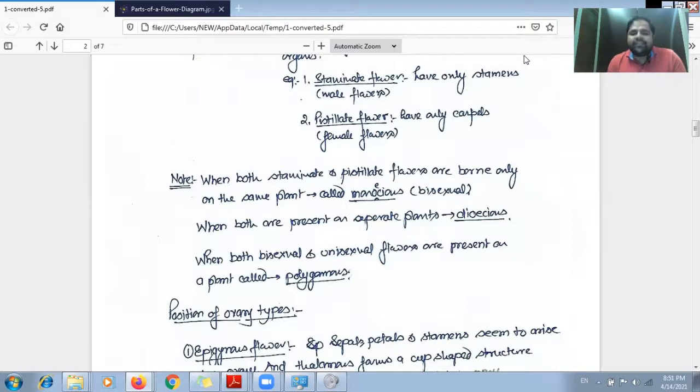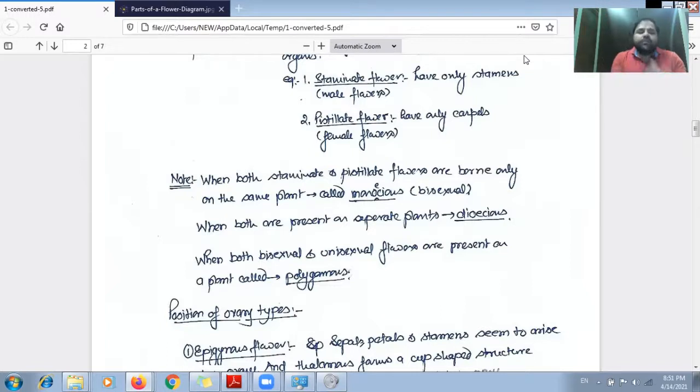But in case of polygamous plants, they will have a set of flowers which will have both the sexual organs, means both gynoecium and androecium will be there in a flower, and another set of flowers will also be there which will have only one sex organ.